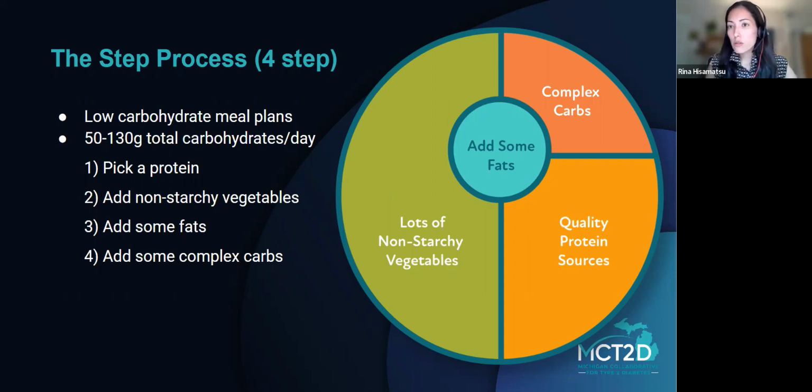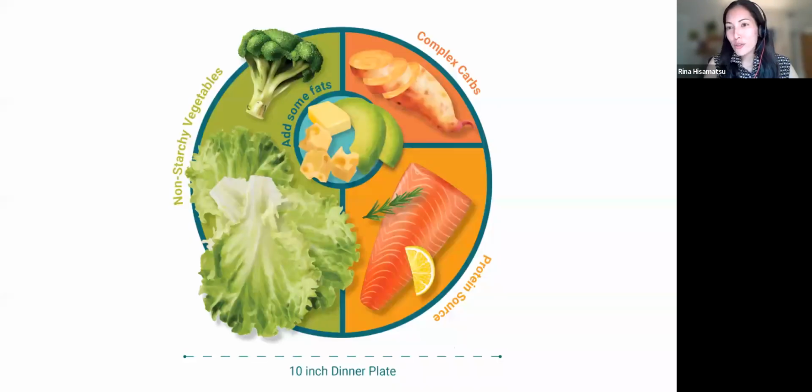So let's go into the details of this technique in the next few slides. Here I just have another visual to show you the plate method using the 4 steps, created by our lovely designer, Laria.